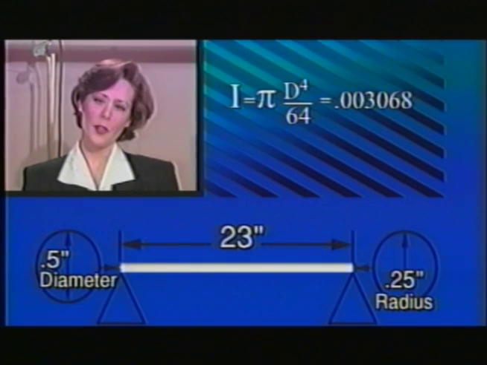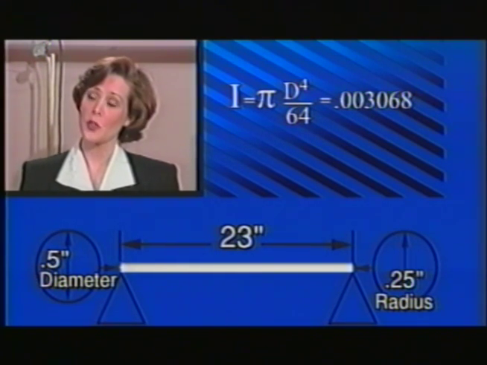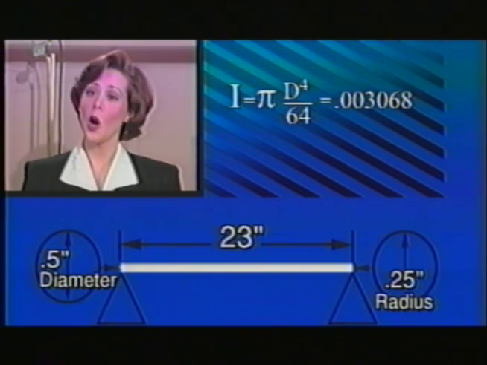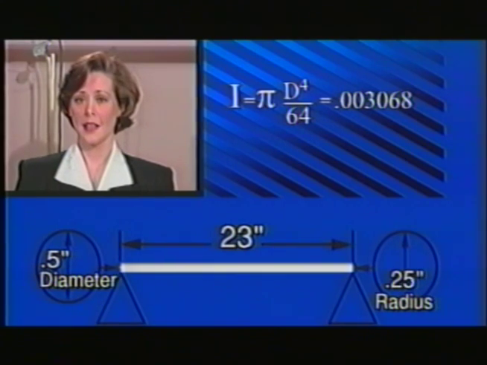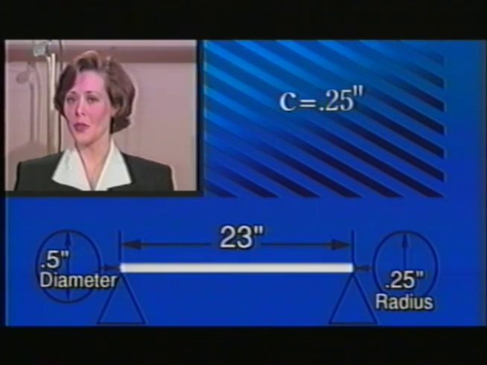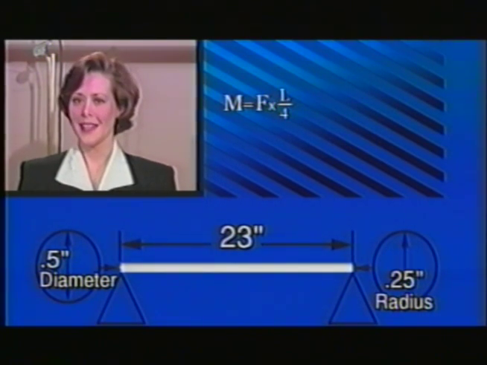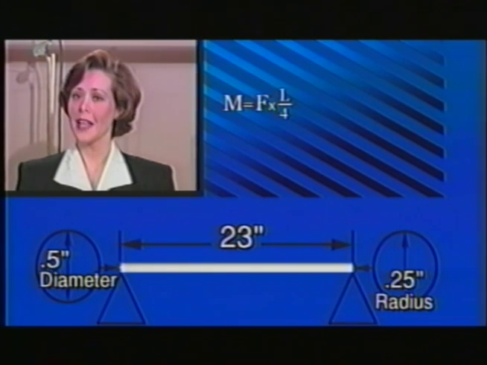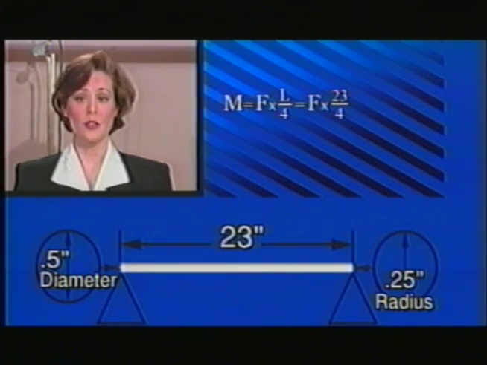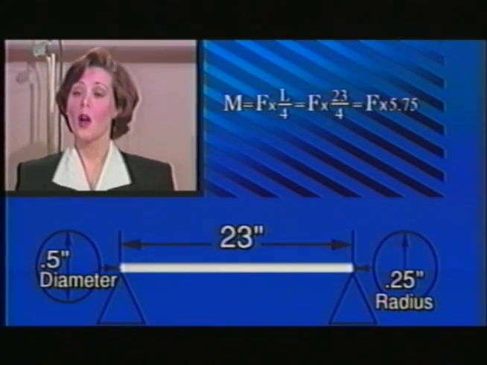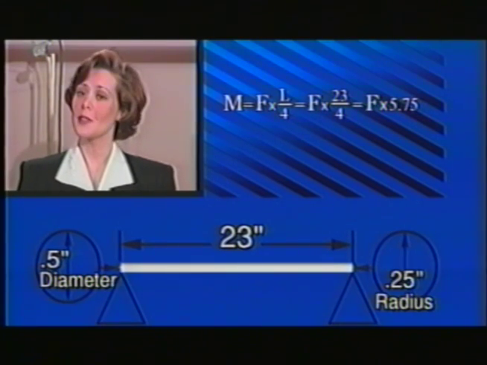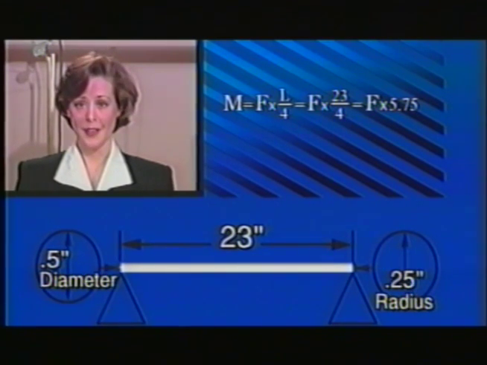Okay, for this bar, I equals 0.003068. And C equals the radius, 1/4 inch. And M for this case equals the force times the length, or 23 inches divided by 4, or force times 5.75. Now let's do the force.